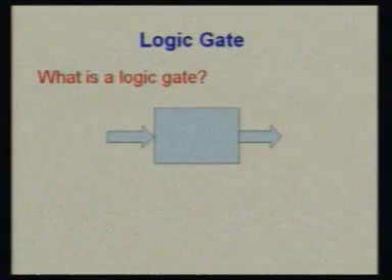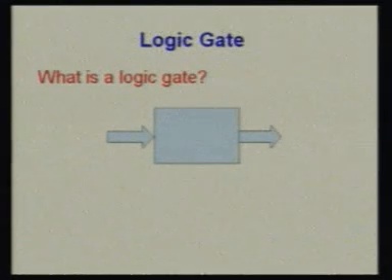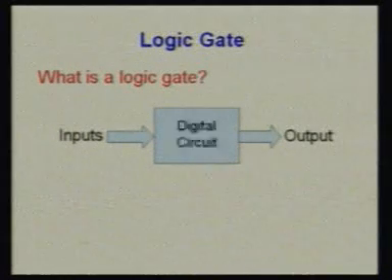So if we construct the electronic circuit, there must be some electronic signals which come inside through the gate and appear at the output. So we have some input, some output, and also, as a gate, we should have some digital circuit.